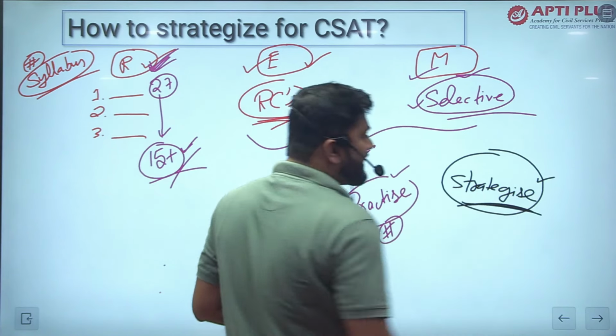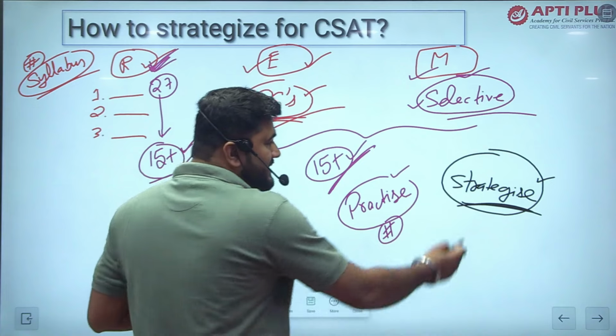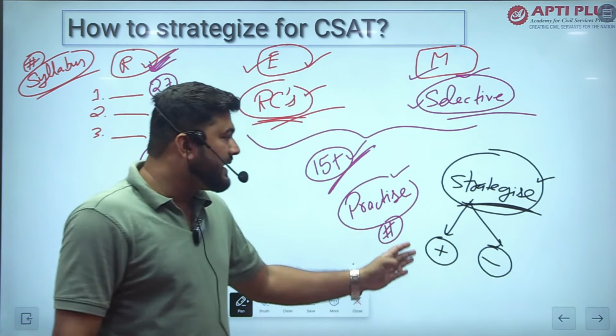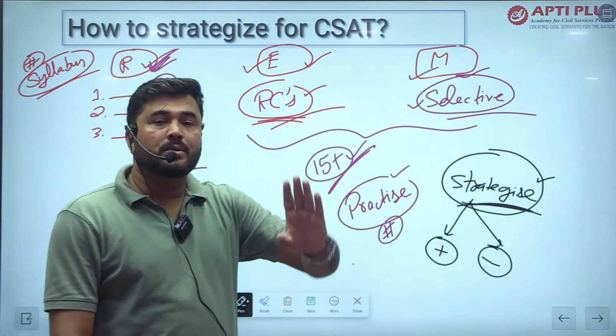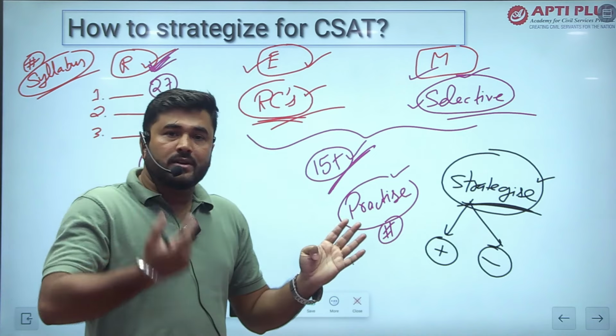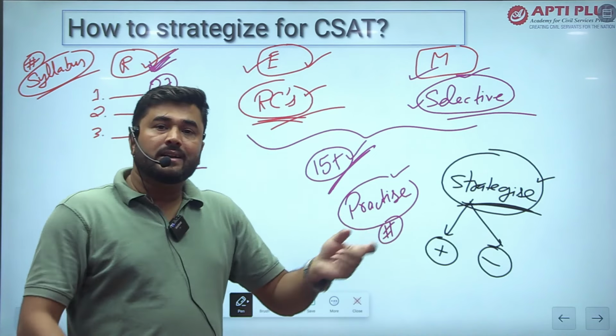And what is a proper strategy? The proper strategy is knowing your plus points and your minus points, your strengths and your weaknesses, by giving proper mock tests. Whenever you give mock tests, you become aware of your strengths and weaknesses and can work accordingly.